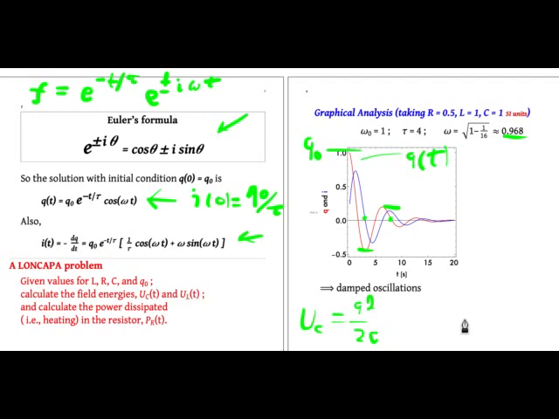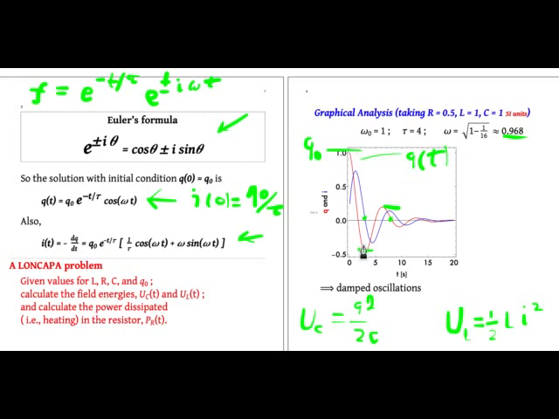And U sub L, the magnetic field energy, the energy in the inductor, the energy associated with the magnetic field in the solenoid, is 1/2 L i squared. Which again we learned back in chapter 29. So I'll ask you to calculate the field energies.